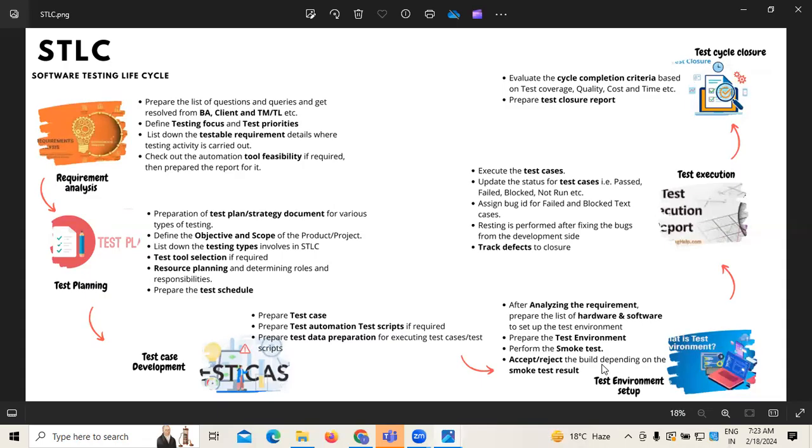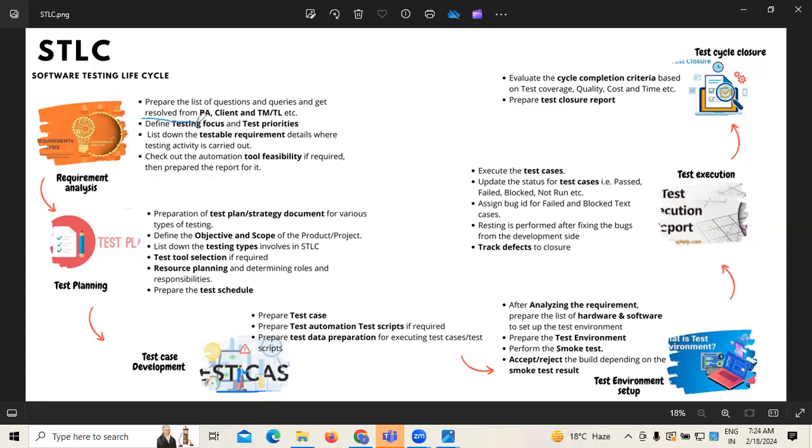Usually, the testing team has to do that. STLC involvement will be majorly on the testing team, not the BA. The BA will be involved in some areas, not in all areas.